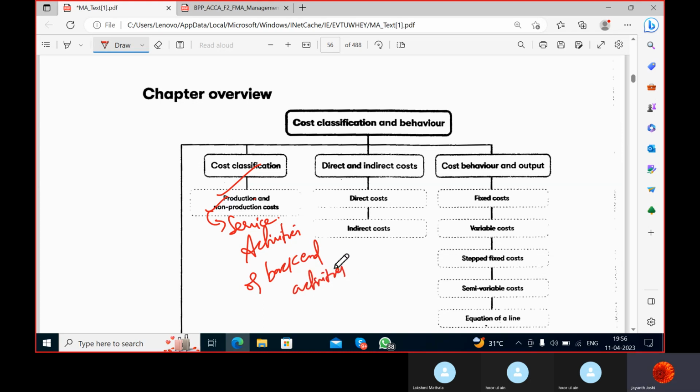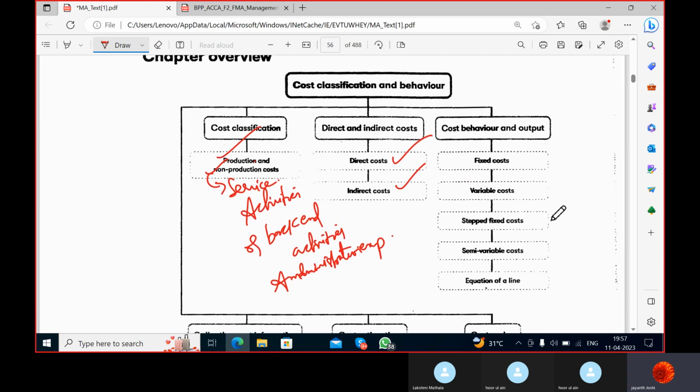I will take administration expenses as a very good example of non-production cost. Again, in the classification, there are two types of cost we see, direct cost and indirect cost. And then the behavior of the cost would be when the cost would be fixed, when it will be of variable nature, what is stepped fixed cost we'll see, what is semi-variable cost we'll see, what is the equation of line related to cost we'll see.